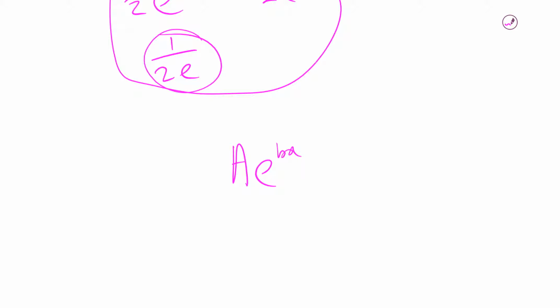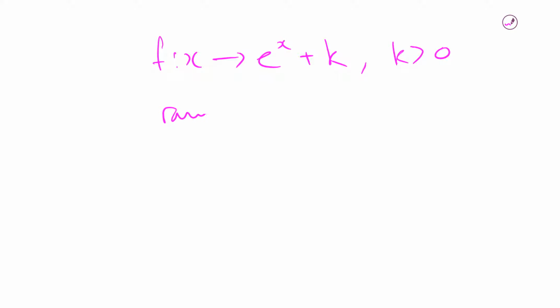Let's just have a go at this other random one that I've just looked at. Function f is defined by e to the x plus k, and k is a positive number. State the range. What's the range of fx?